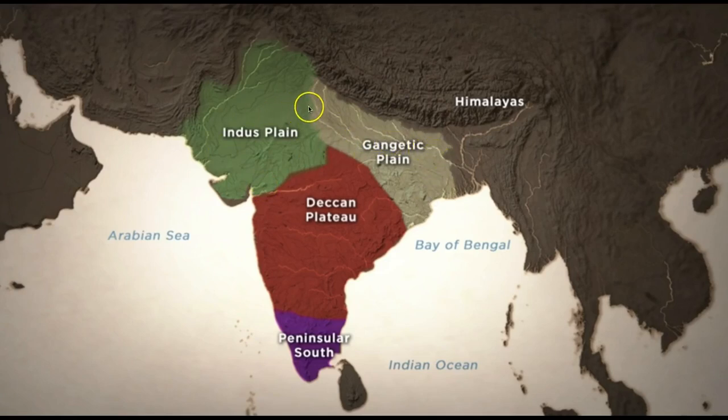The Ganges River flows through this plain right here. And to the southern side, we have the peninsula south. The percentage of population varies quite a bit. For example, on the southern side, there might be more merchants profiting from the maritime trade route going along the coasts.